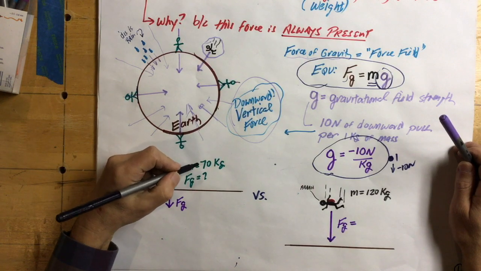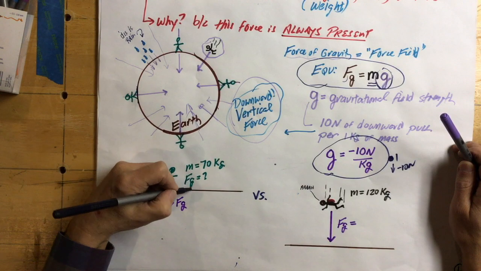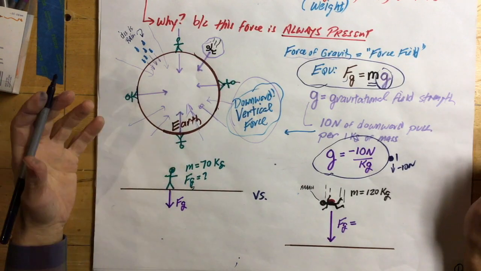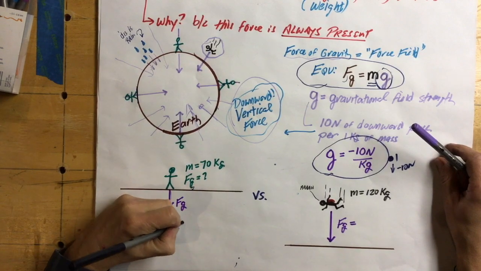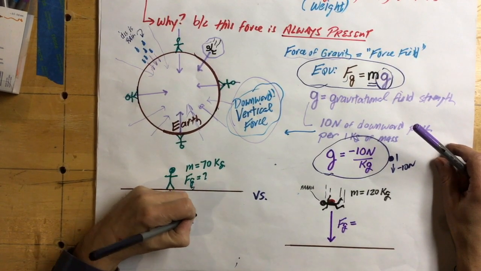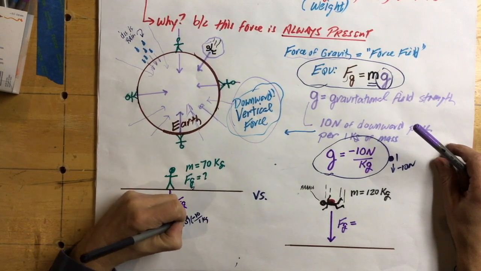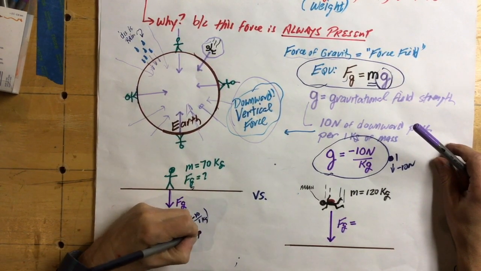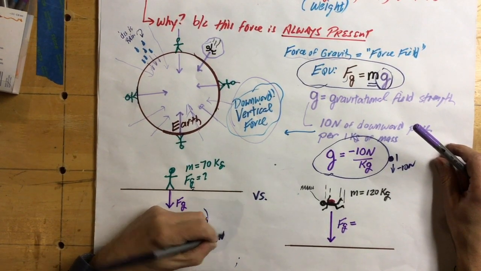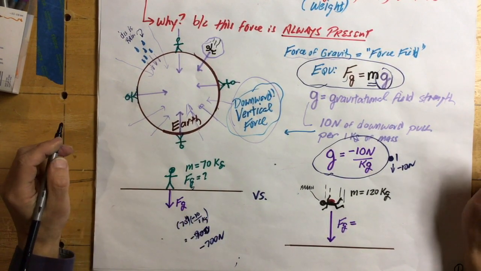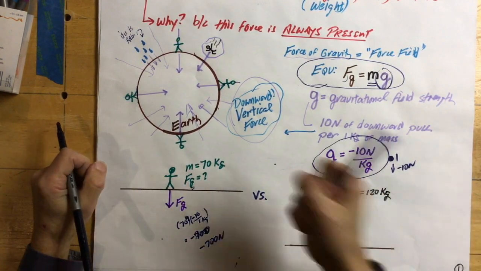If this person has a mass of 70 kg and I want to know what's the weight, I can either say what's the force of gravitation acting on the person, or what is the weight. 70 kg times negative 10 per 1 kg. So you're going to have 700 newtons. Let's try that again. It's going to feel a 700 Newton force pulling down. And that's what this person would feel, pulling them or holding them against the ground.